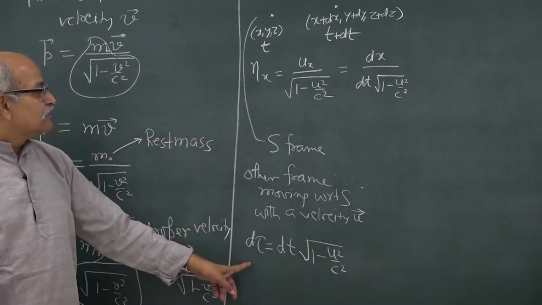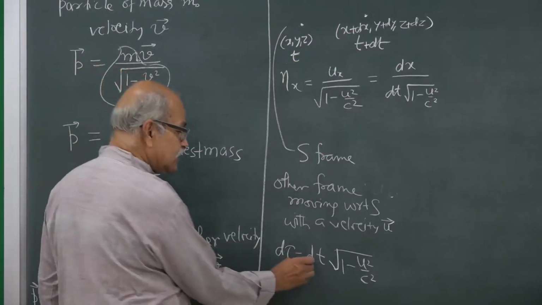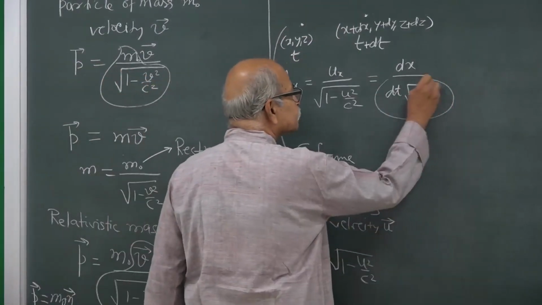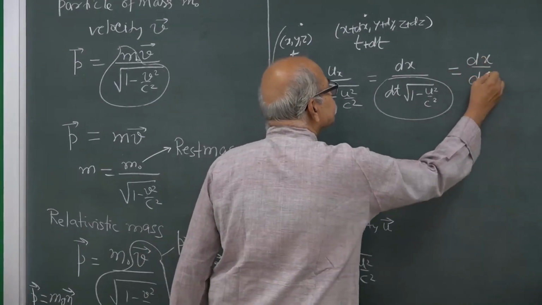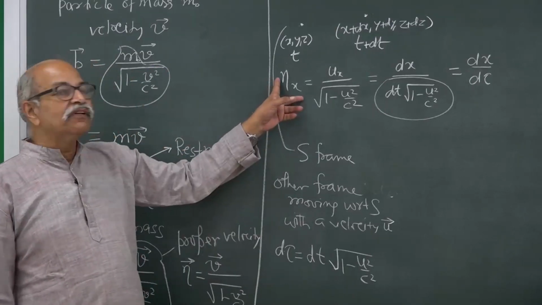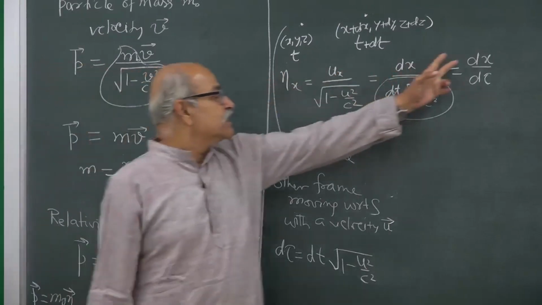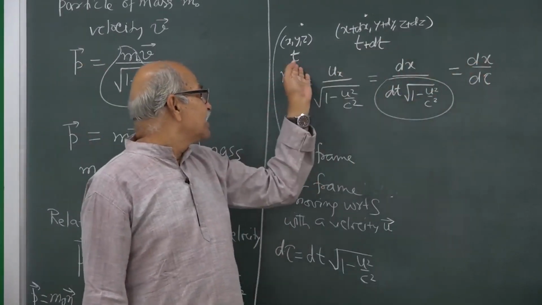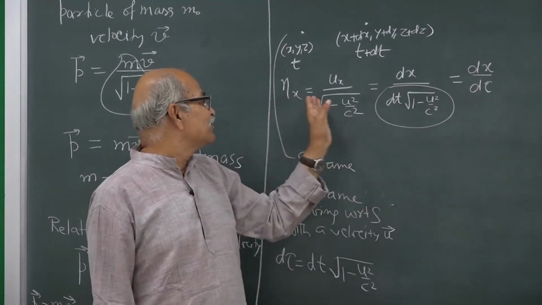So, this is the proper time interval between these two events, and this quantity is dx by d tau. This so-called proper velocity x component is dx, the distance covered, divided by time; that is the definition of velocity.